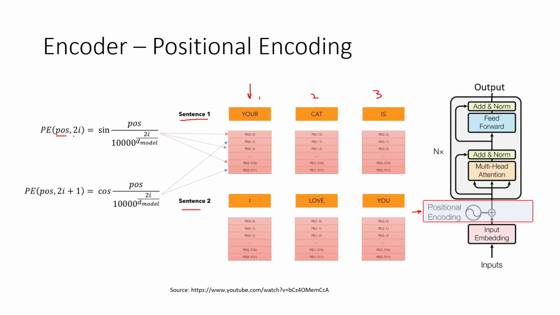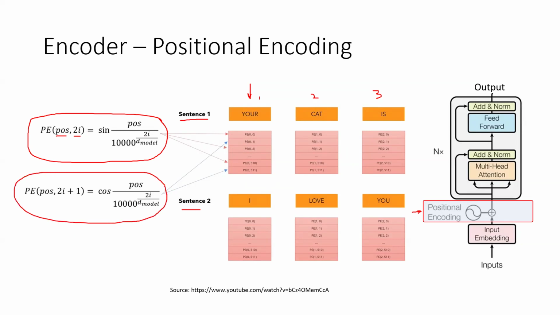The second one is i, which is the index in the positional encoding vector. For the odd numbers, you can look at the red color arrows. For the odd numbers, we can use this formula to calculate the positional encoding. For the even numbers of encodings, you can use this formula to calculate the positional encoding.